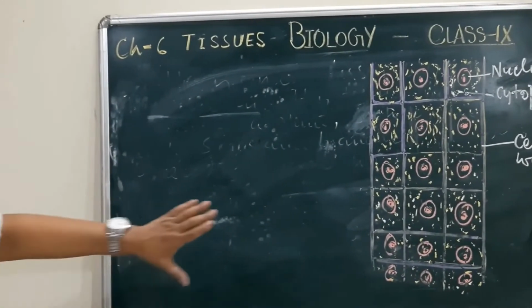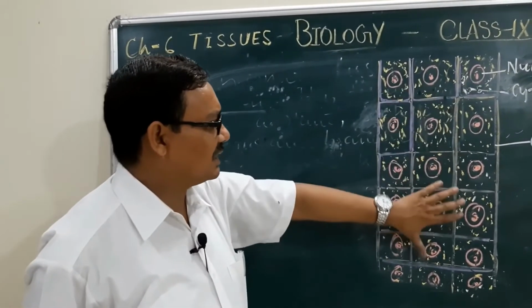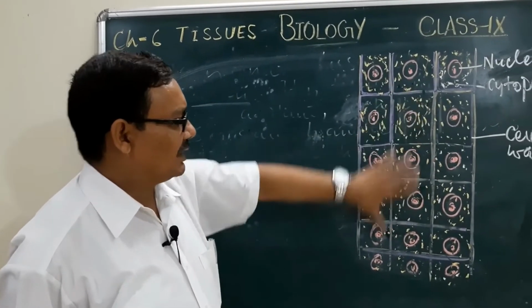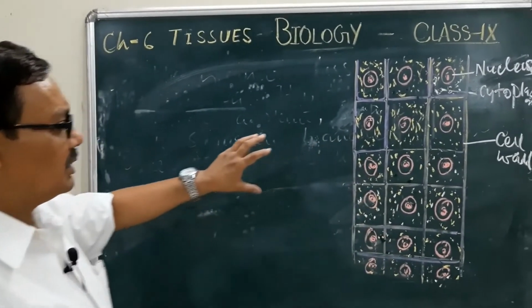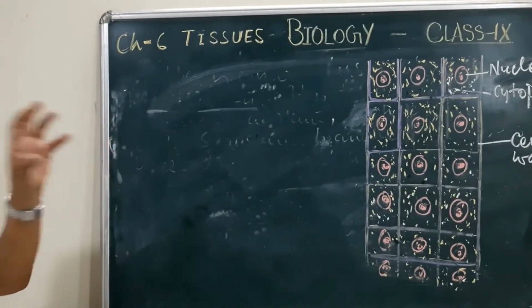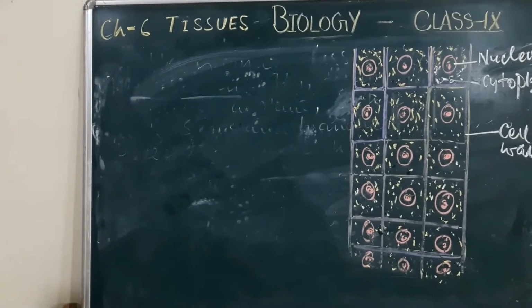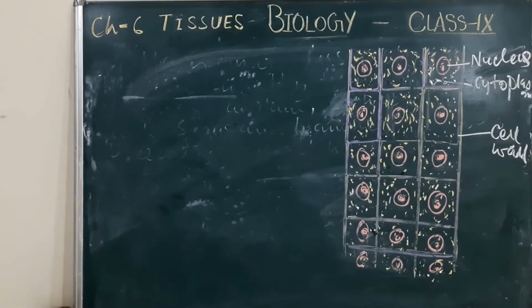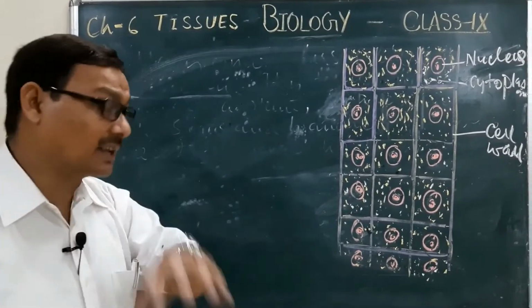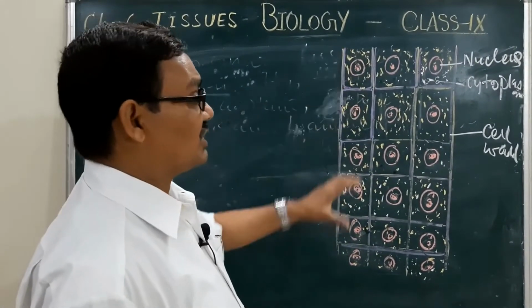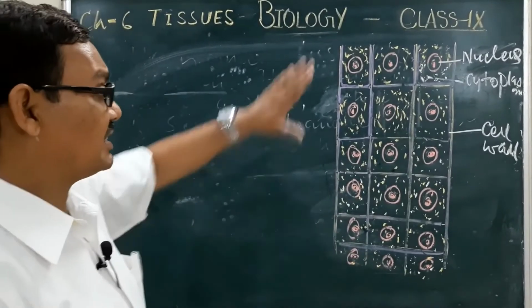Here, depending upon this shape of the cell and their arrangement, you may conclude some ideas. What are those ideas? Those ideas are actually the structure. Those ideas are the characteristic features.